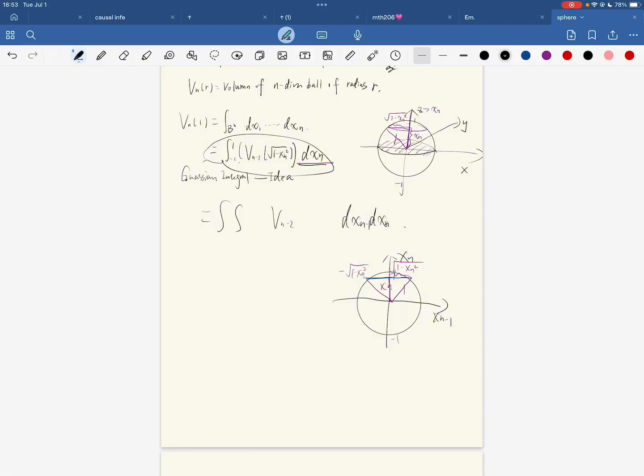So it's just, and this is actually the Fubini theorem.